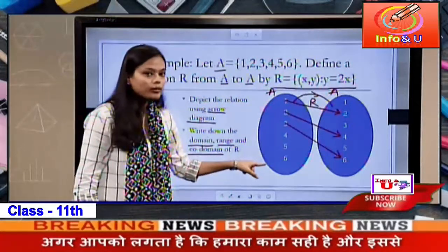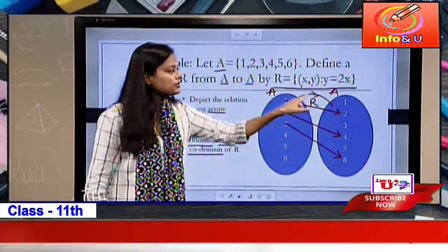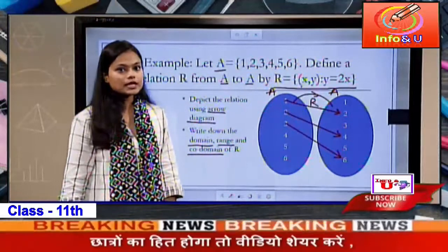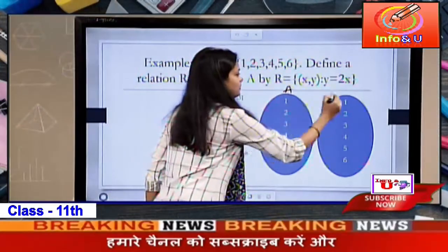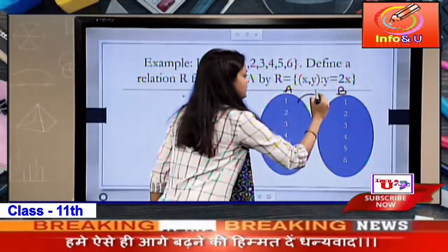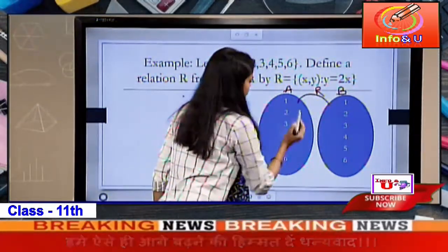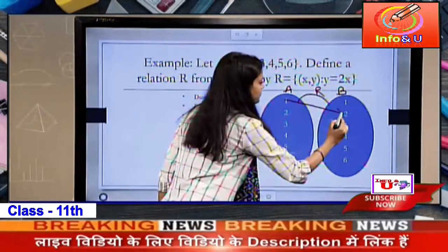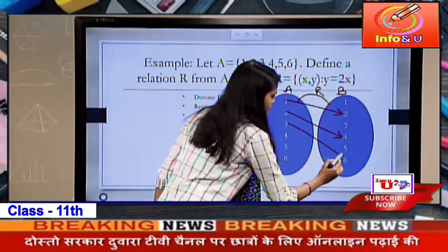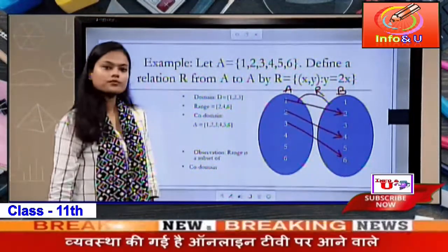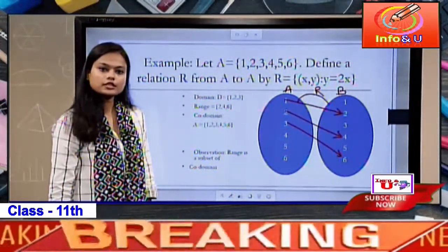What will be the domain in this relation R? Let us write it down. The domain. Quickly representing it in the form of an arrow diagram. So this is a representation of a relation.